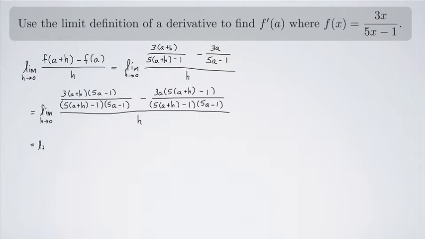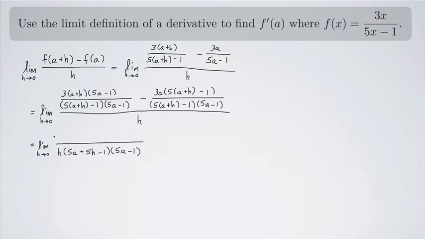So I have the limit as h approaches 0 of, and I have this h on the bottom. This is going to combine into one fraction on top, and remember, dividing by h is the same thing as multiplying by 1 over h. So I'm just going to stick the h in the bottom here, and then this is going to be my common denominator. In fact, I'll multiply this out. I'm going to have 5a plus 5h minus 1 times 5a minus 1.